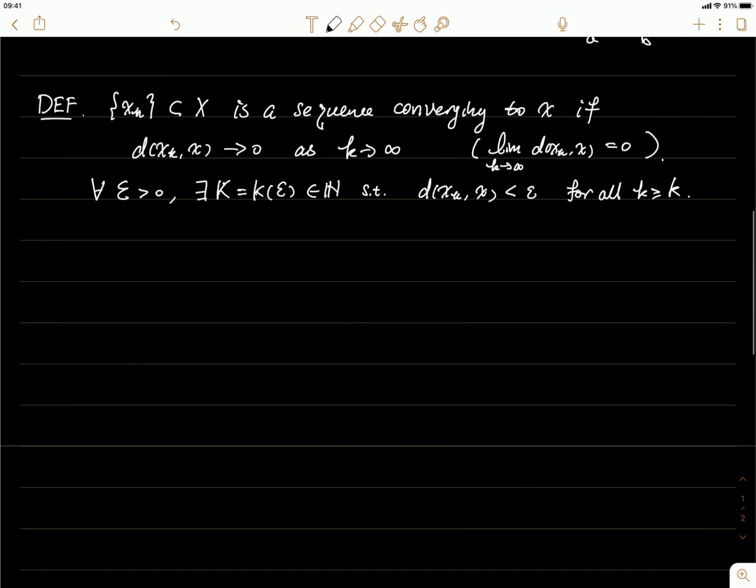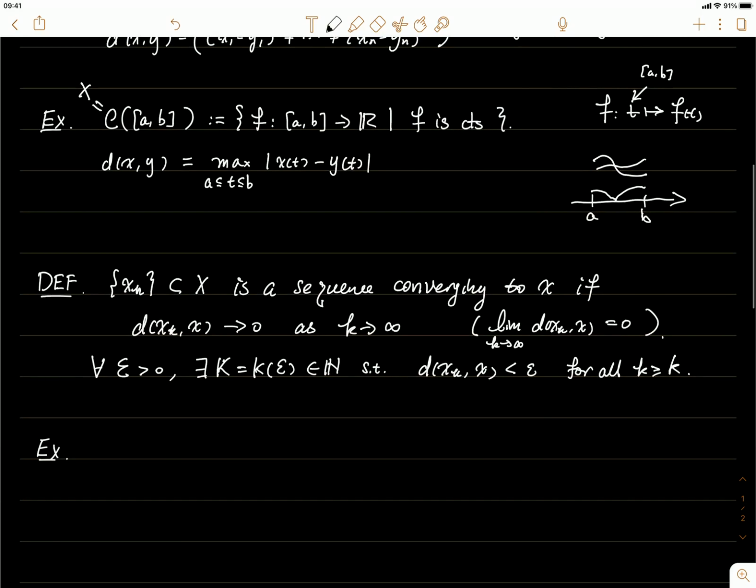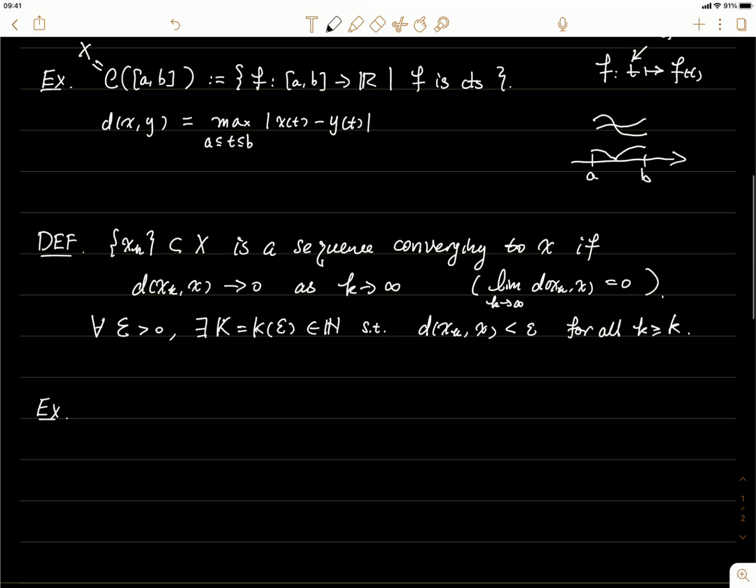All right, now let's look at the examples from before. I will not discuss the trivial example, because you all know what that means. But look at the second example, about the space of continuous functions. What does convergence mean here?